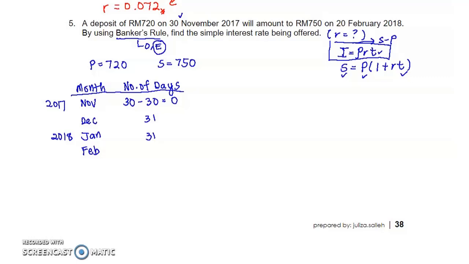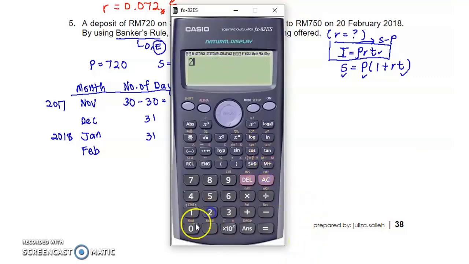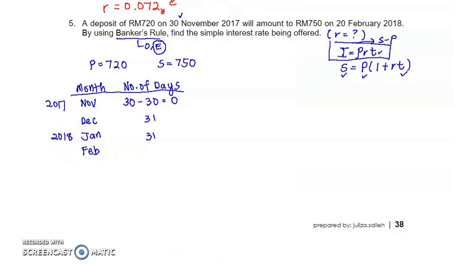Now look at February 2018. 2018 is non-leap year. So again, how to determine non-leap year? 2018 divided by 4. So if you get remainder here, okay, 0.5 means that this is non-leap year. So if non-leap year, February we have 28 days only.